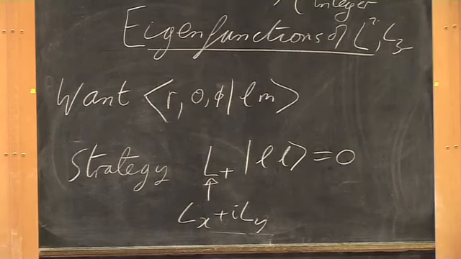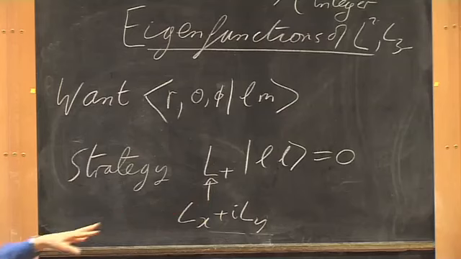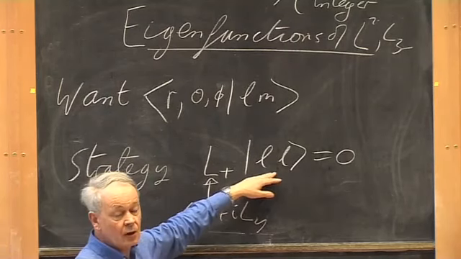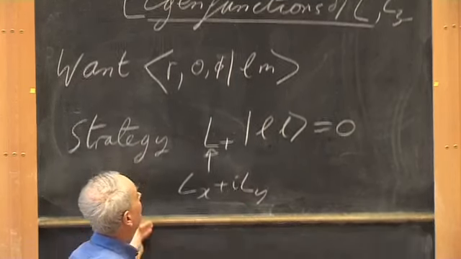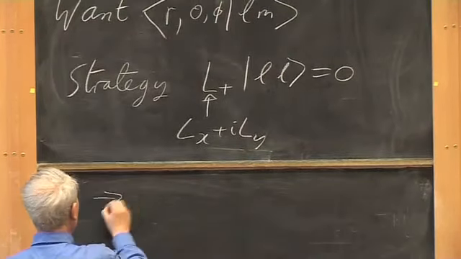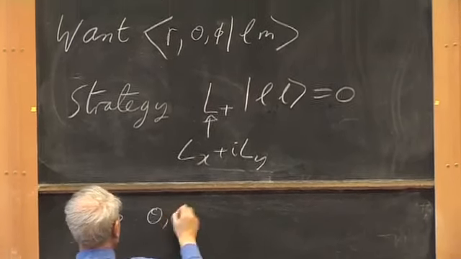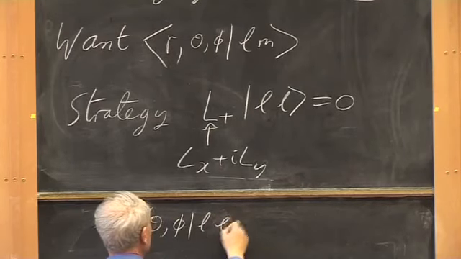So this is an operator equation. We will look at this operator equation in the position representation, and then it will become a first-order differential equation. We will solve it. It'll turn out to be dead simple to solve. So that will lead us to, let me leave off the R because we're not really interested in R for the moment, it will lead us to ⟨theta, phi | L, L⟩.